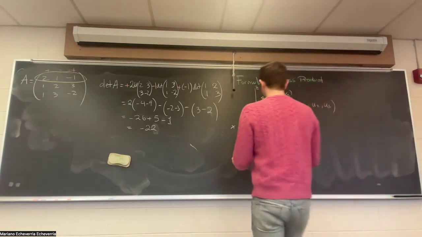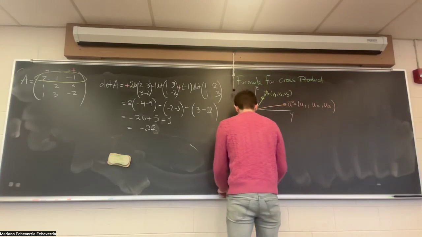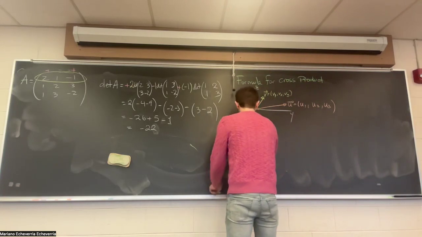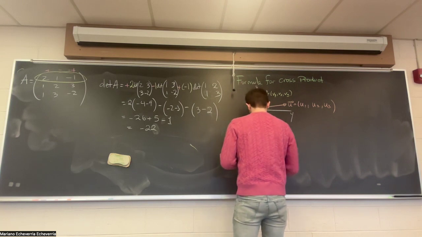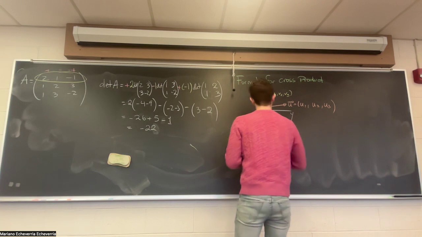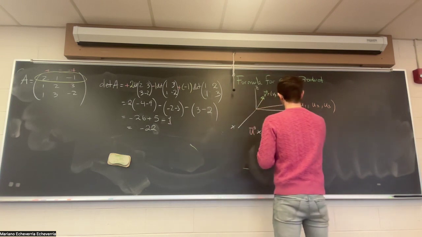So what's the formula for the cross product? The idea is that U cross V can be computed as a determinant.